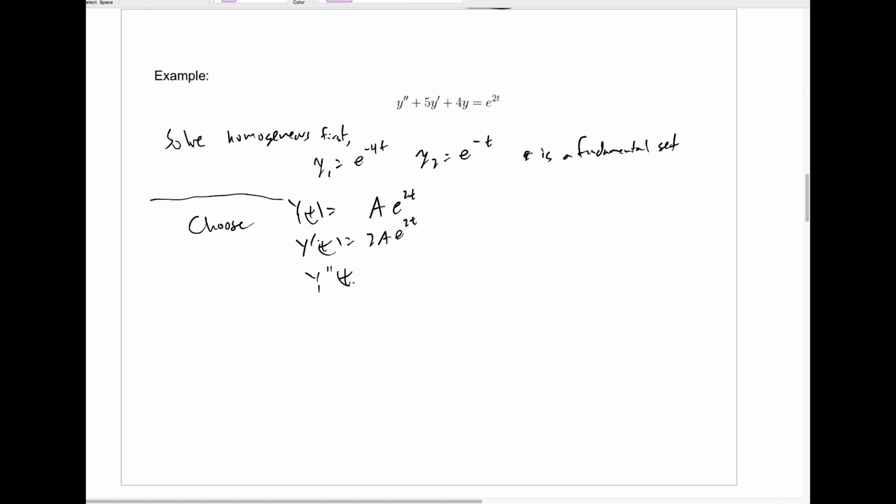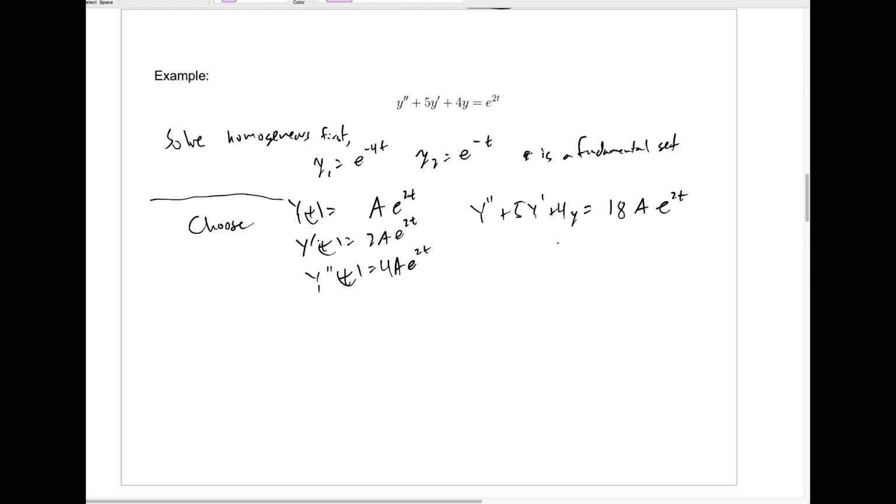Y double prime of t is then 4a e to the 2t, so that y double prime plus 5y prime plus 4y is what? We have 4a e to the 2t plus 5 times 2a e to the 2t, that's 10 more, so we have 14 total, plus another 4. We end up with 18a e to the 2t.